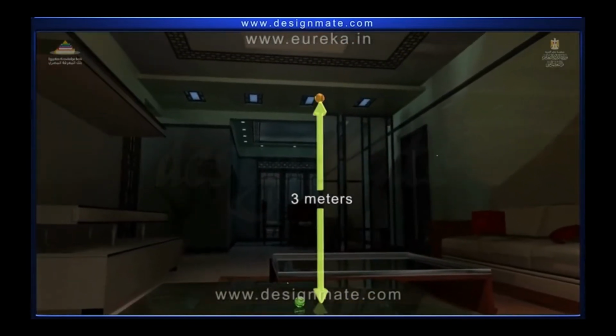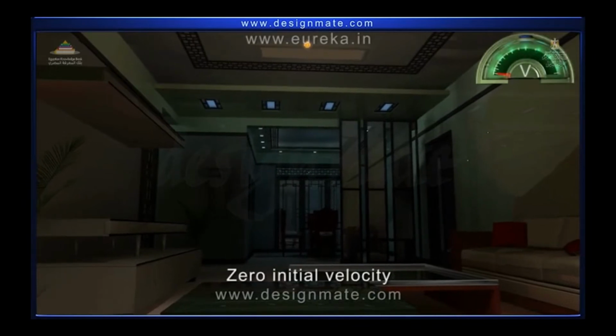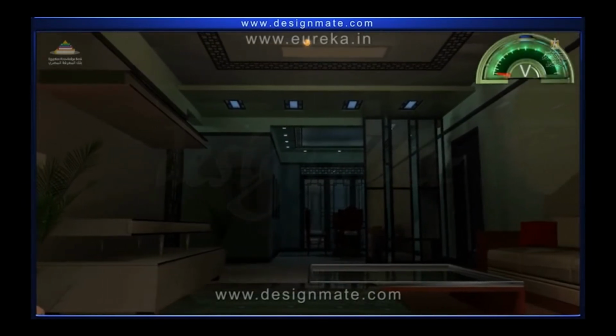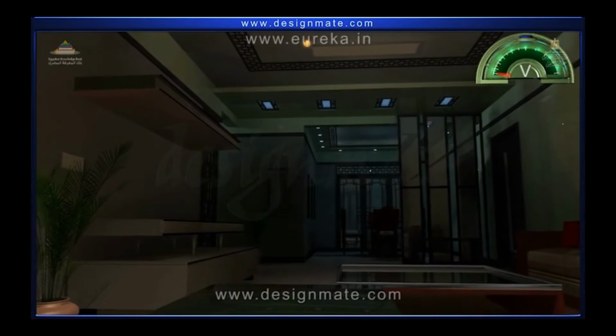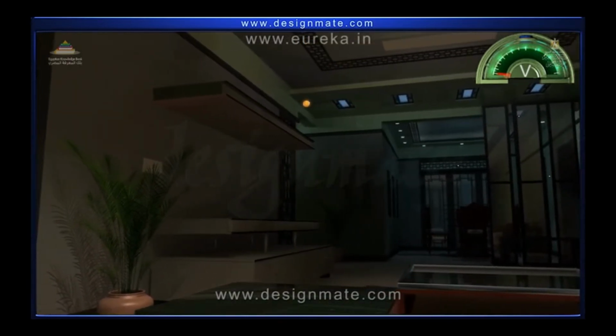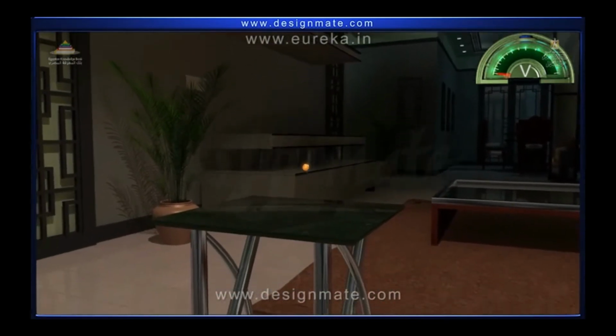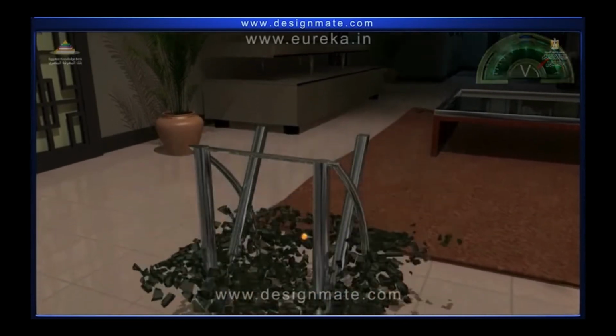The other marble is held at a height of 5 meters. Its initial velocity is also 0. Now, release the marble. It attains a much larger final velocity than the first marble when it reaches the tabletop. This marble hits the tabletop and breaks the glass at the point of impact.